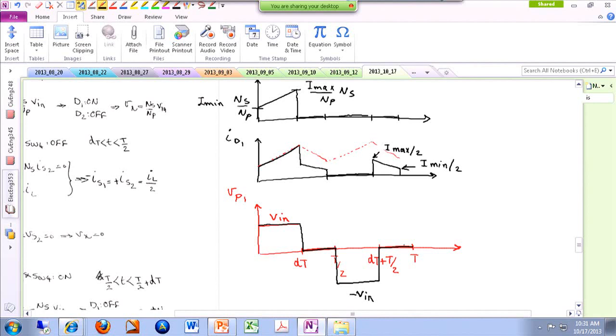All right. So as you can see, it's a symmetric voltage waveform. So ideally, we should not worry about the magnetizing inductance, Lm, that we did not even consider in this analysis, does not get saturated.